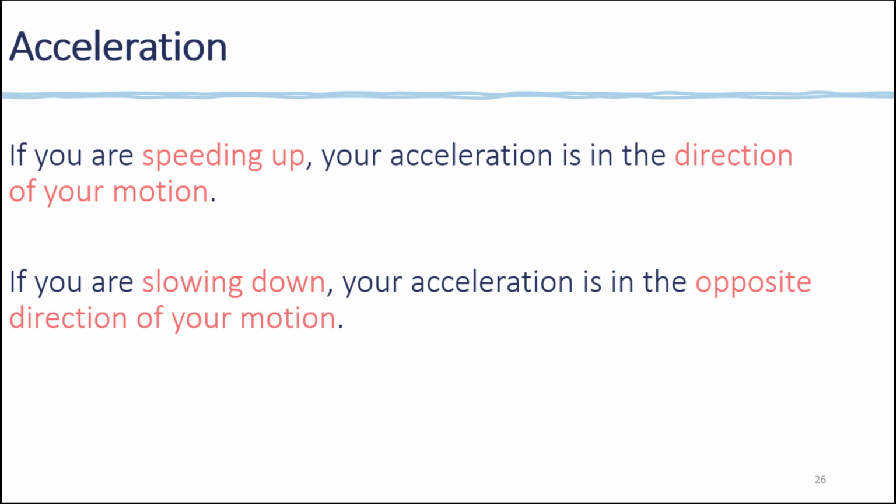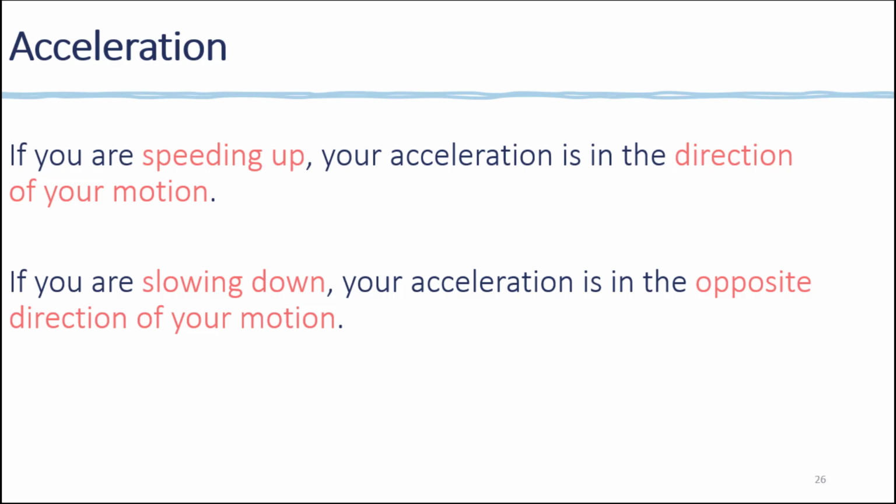So let's try to make things a little bit clearer about acceleration here. If you're speeding up, your acceleration is in the direction of your motion. If you're slowing down, your acceleration has to be in the opposite direction of your motion. Okay, so maybe just read those two sentences again until they make sense to you.